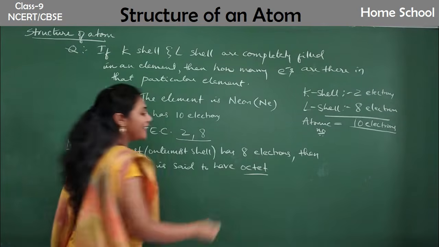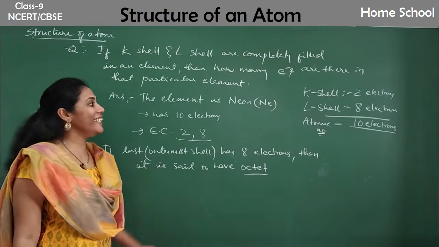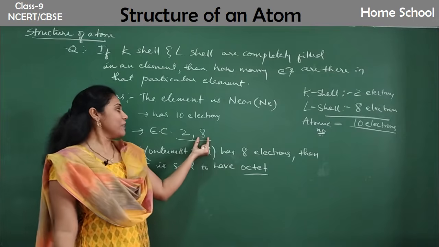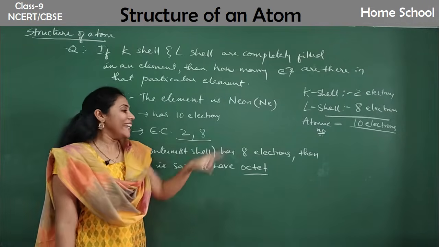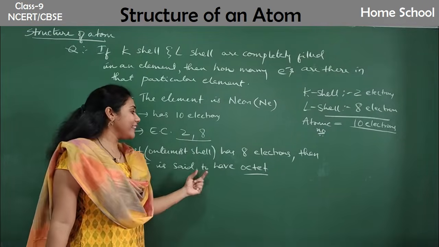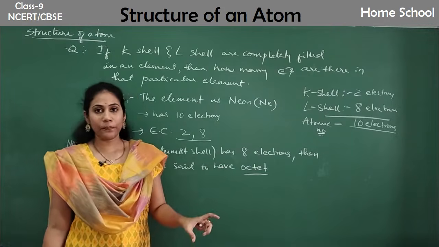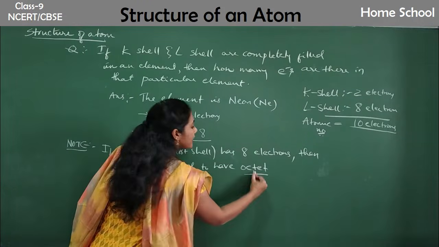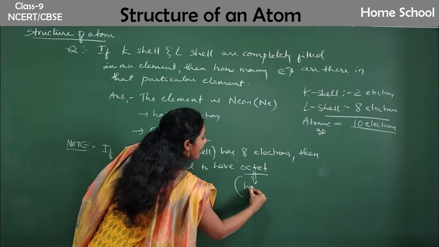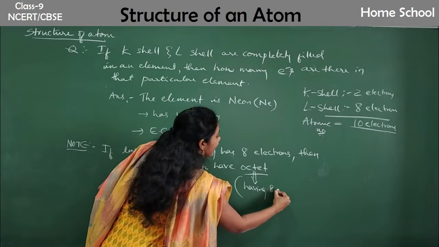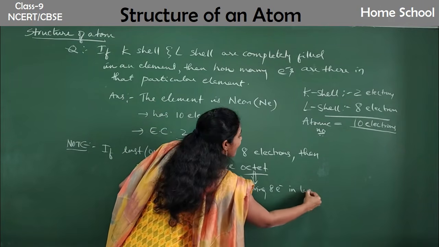Octet in the sense 8. So if any element in its last shell has 8 electrons, then we say that element has octet. What do you mean by octet, guys? Octet means having 8 electrons in the last shell.